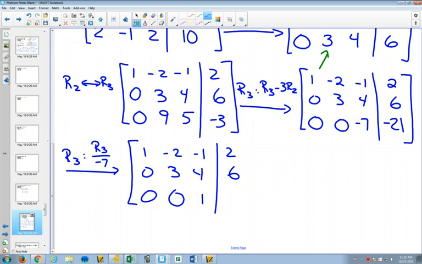To change that to a 1. Now that we've basically finished step 2, we've got all the bottom corners as zeros, and we got the last number to be a 1. Now we can go about and think about making these two 1s zeros.